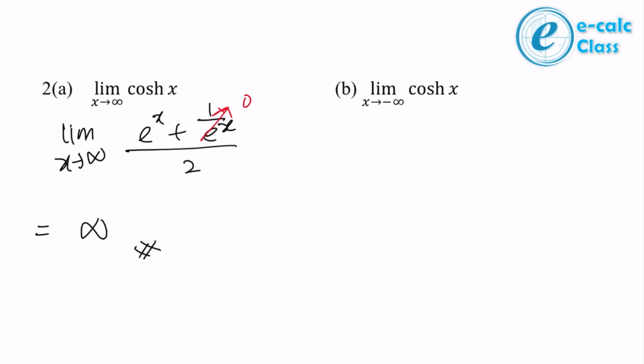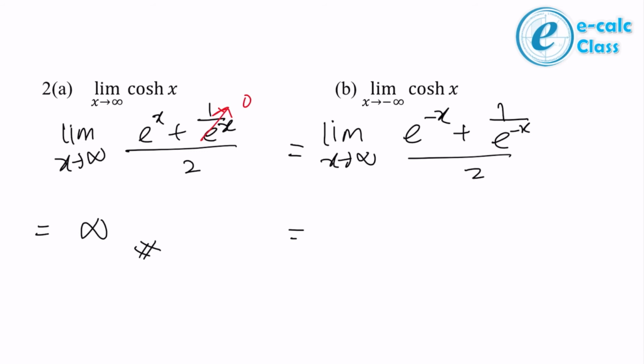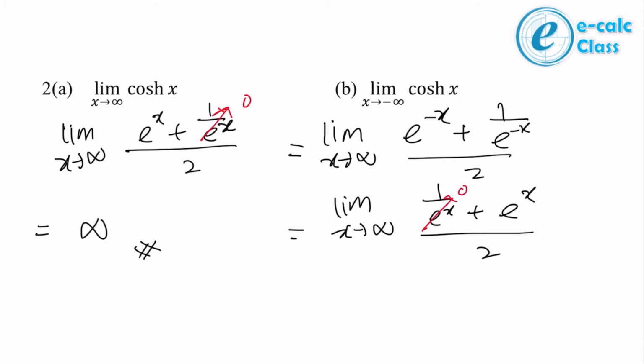Okay, then for this, actually doesn't matter because, negative x: e to the negative x plus 1 over e to the negative x, over 2. If you flip it, it will still be the same because it is a plus, it doesn't matter who comes first. So this will be 0, this is infinity, hence it is positive infinity, finish.